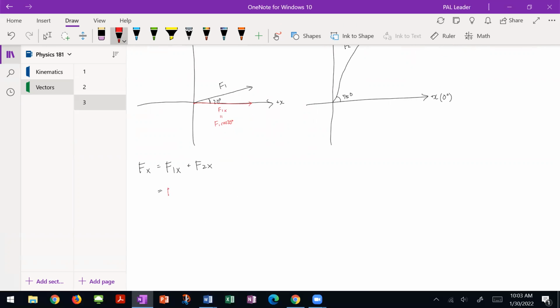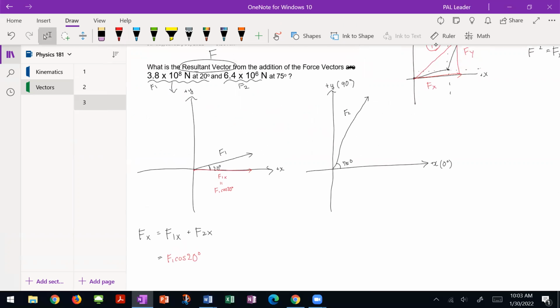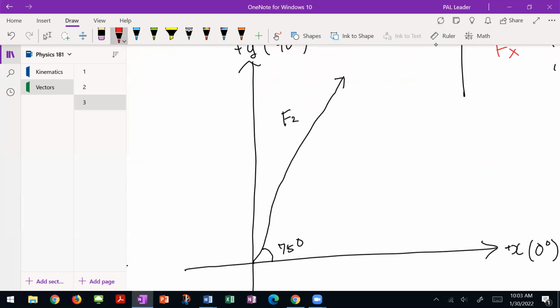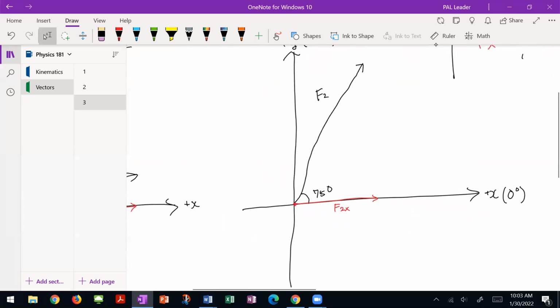So it'd be F1 cosine 20 plus, I'll just keep it in red, F2x, the x component of F2. It's right here, and then it goes to here, F2x. And just like the first one, that'd be using cosine. So I can call that F2 cosine 75 degrees.